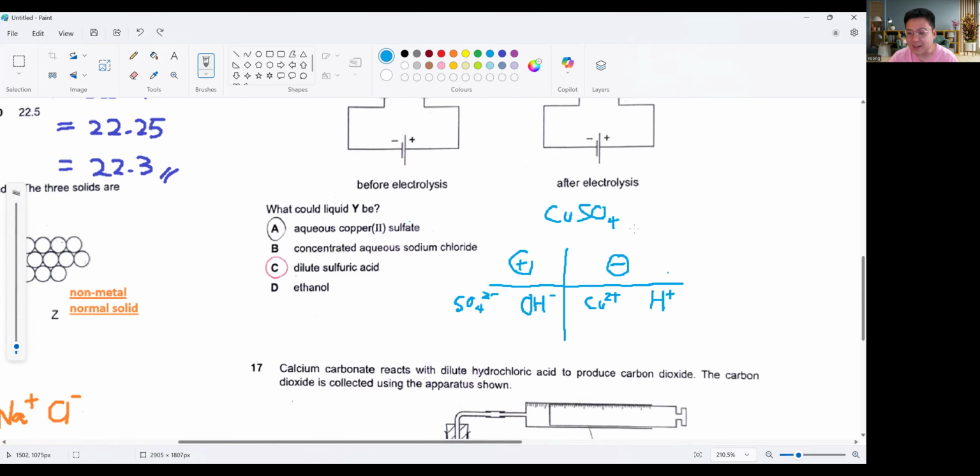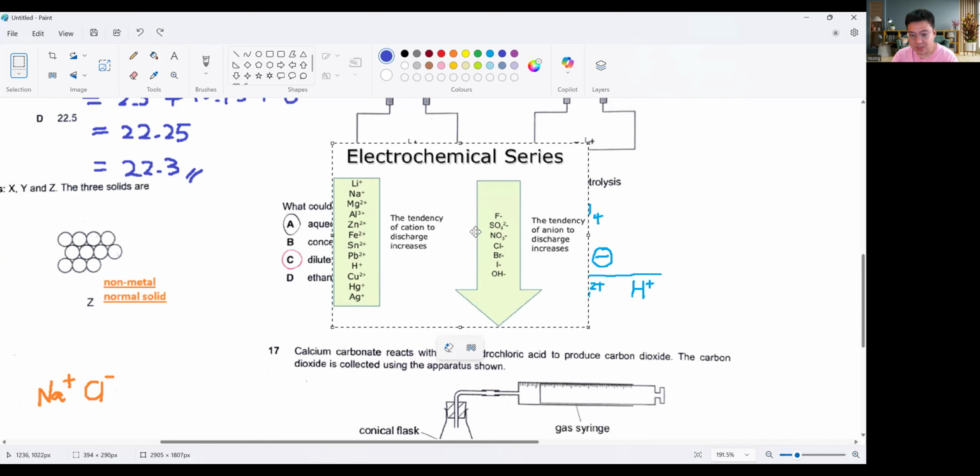Okay, if you look at the electrochemical series, let me just pull one from Google, because in electrolysis we need to look at this. Of course, we use a slightly different one in our class, but for today I'll just use this one here.